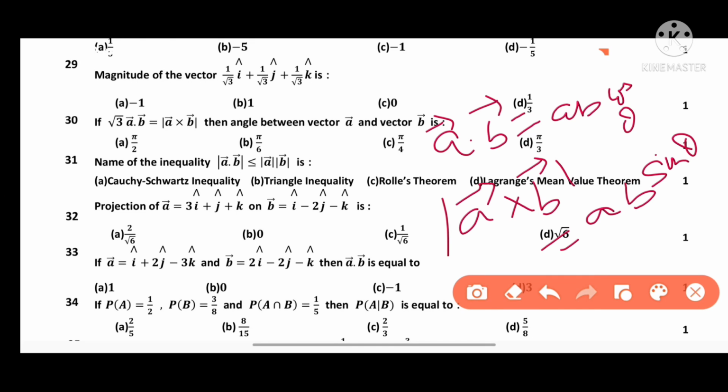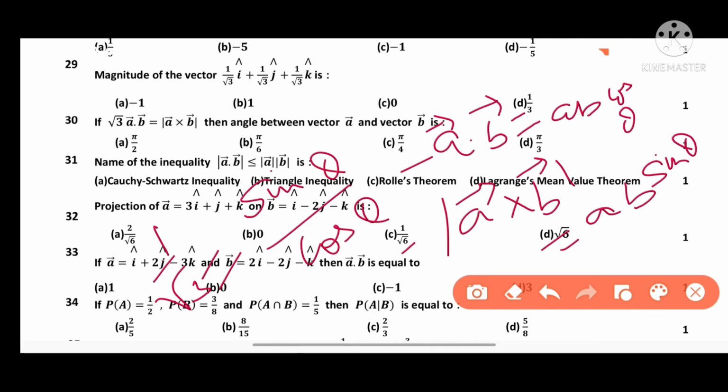Now by comparing these two equations, sin theta by cos theta is equal to 1 by under root 3, that is tan theta is equal to 1 by under root 3.